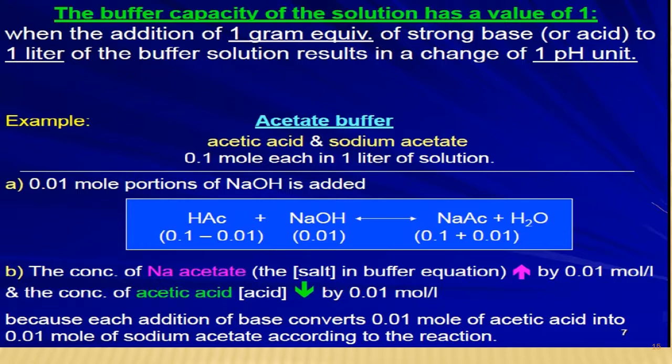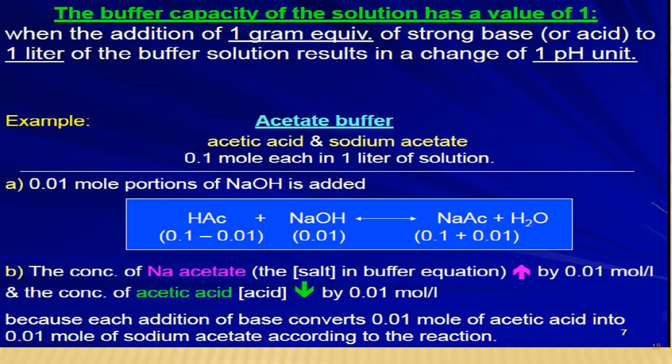So it will decrease from the acid and the salt formed will increase, because the sodium hydroxide added gives the common ion available on this side for sodium acetate, and 0.01 will be decreased from the acetic acid in the equation.